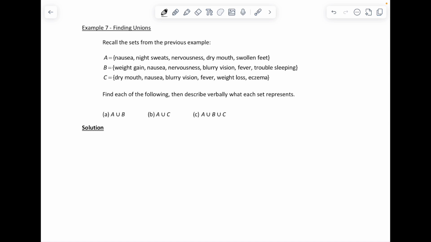So A union B, this is the set of side effects that were reported by more than 1% of subjects taking either medication A or B. Right. So if we were to write this out, A union B, I might just start with set A. I would have to include nausea and night sweats and nervousness.